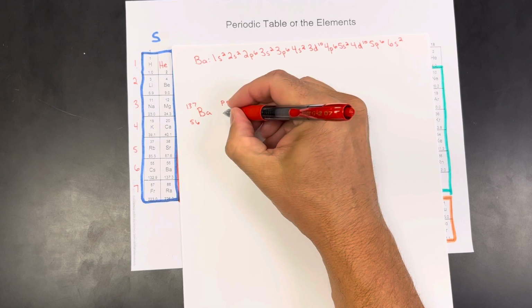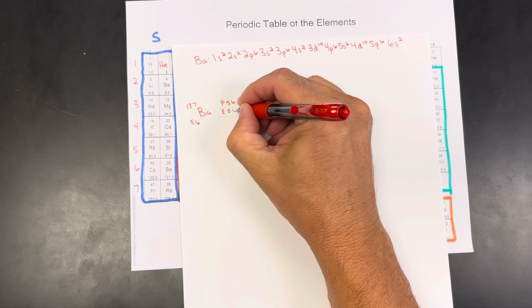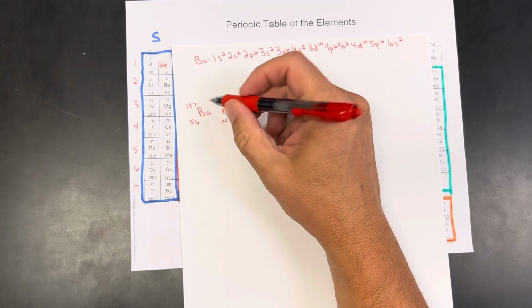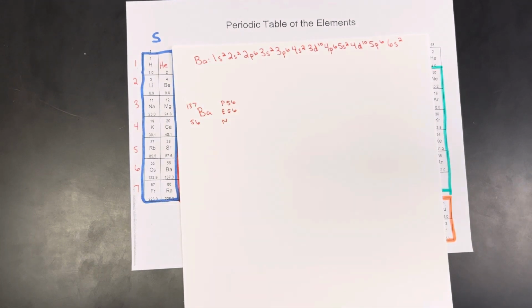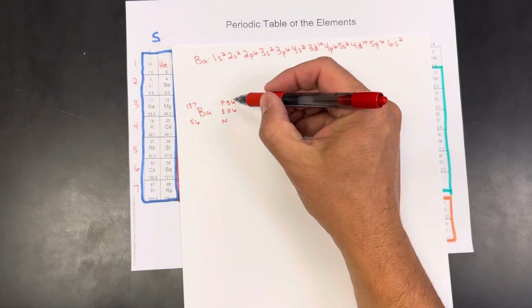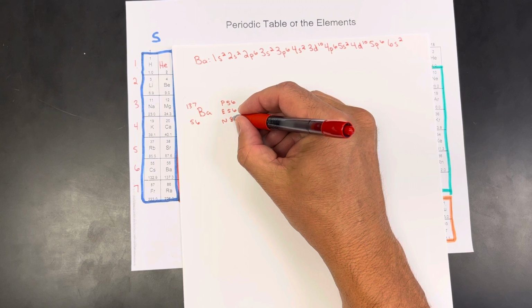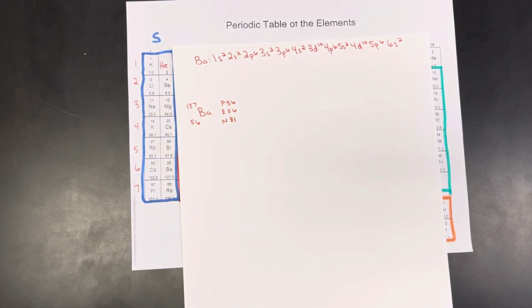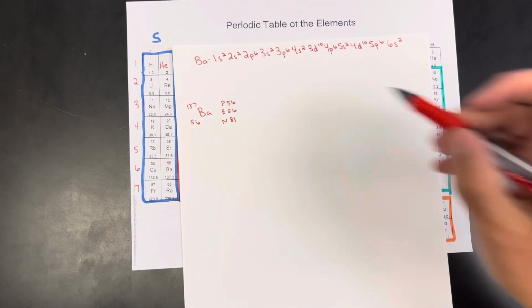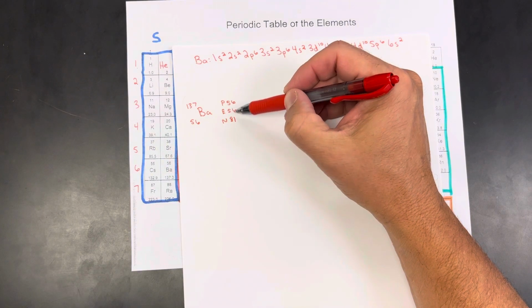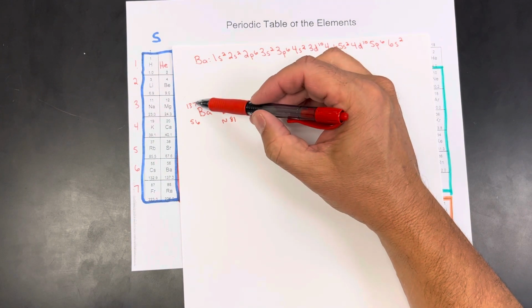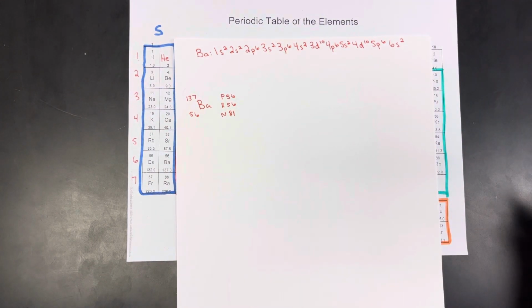And since there's no charge, the electrons would be 56. And then the neutrons would be the rest of the mass. Okay, so if I take 137 for the total mass and 56 of it comes from the protons, then the other 81 has to come from the neutrons. So barium's going to have 56 protons and 81 neutrons, which gives us a total mass of 137.